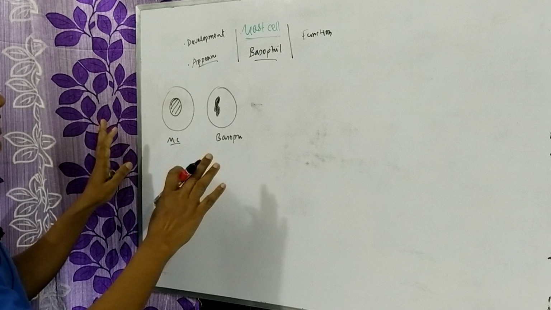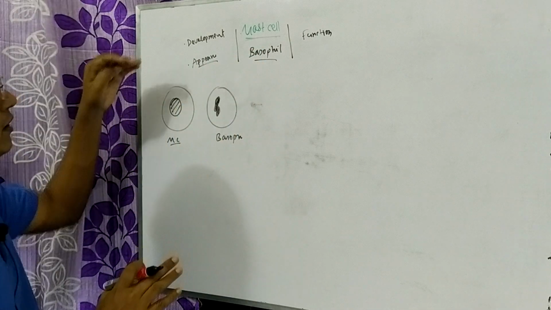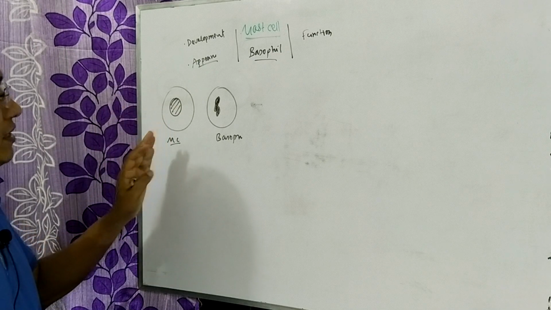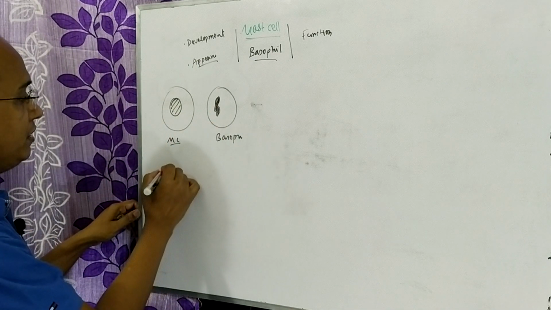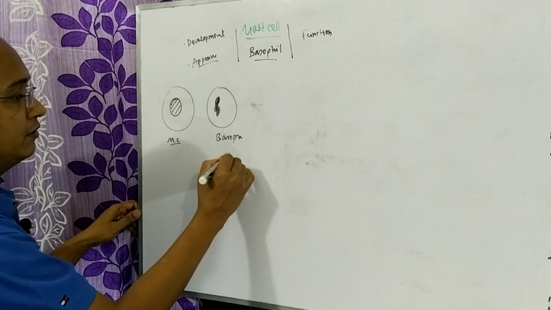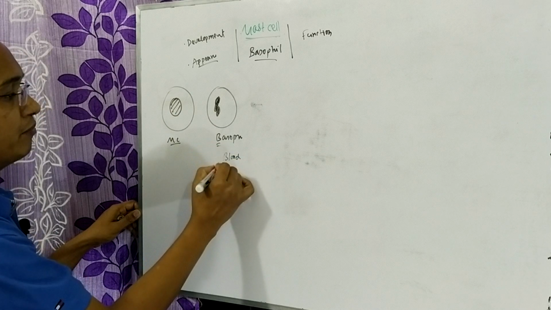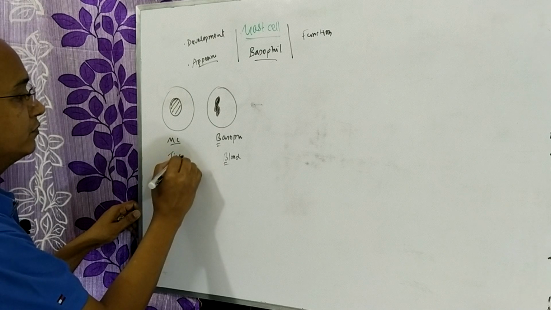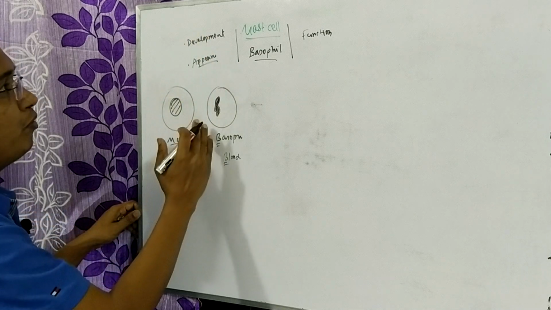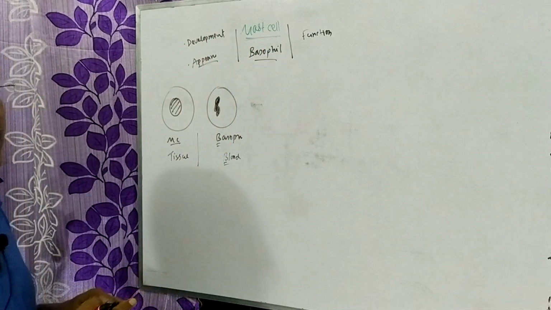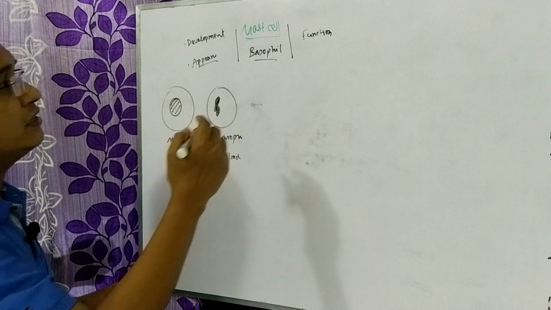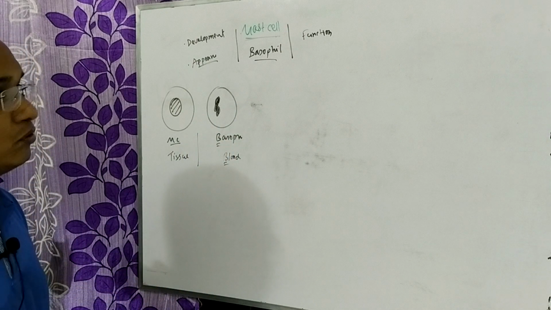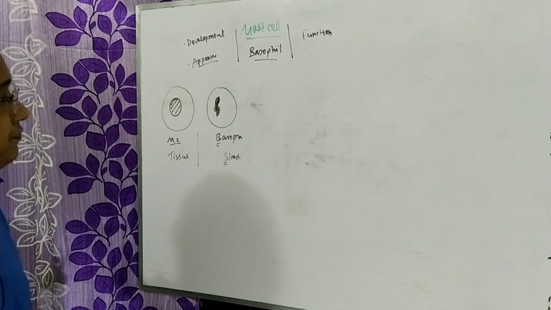So this is the difference between mast cell and basophil, developmental difference and appearance difference. Another difference is basophil is present in the blood, B for blood, and mast cell is present in the tissue. So these are the differentiating points between mast cell and basophil, but they have functional similarity, and I would like to talk on that point now.